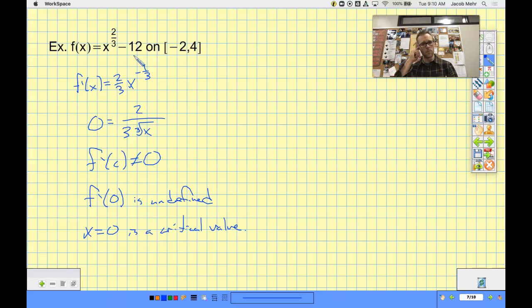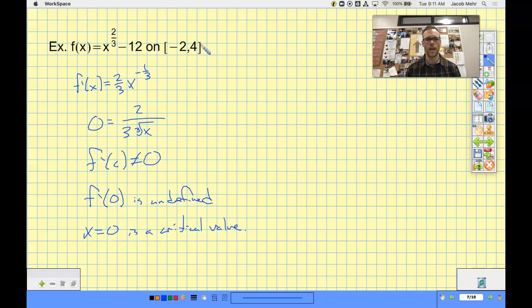Now, there will be times where you might be like, oh, the derivative is undefined at a certain x value, but when you look back at the original, it's not defined there either. So you got to make sure that it's really a point on this, right? If I put 0 in, I get negative 12, okay? But I can't put 0 into the derivative. So this is our only critical value, critical number.